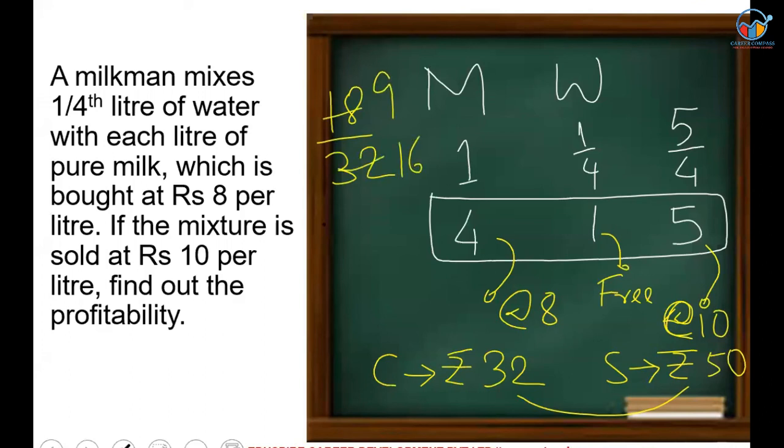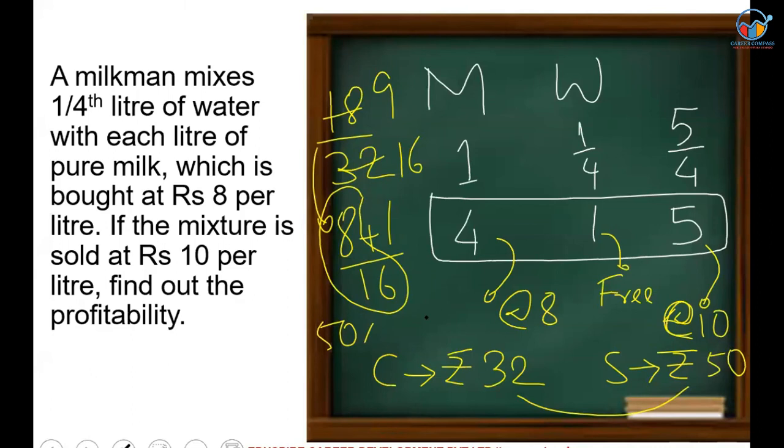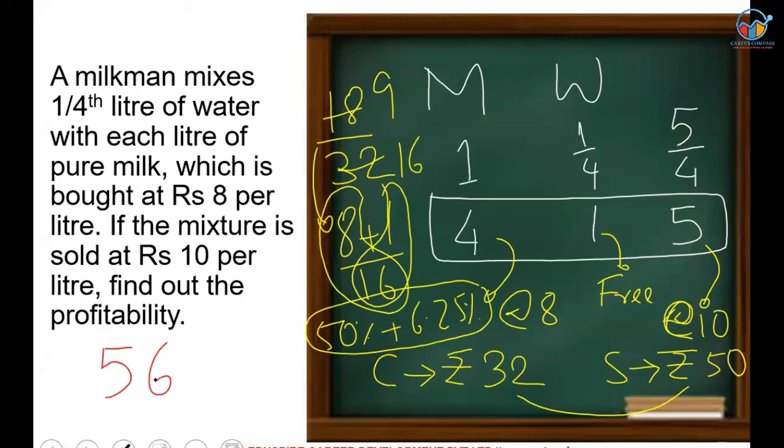So you can always express this as 8 plus 1 by 16. You see 8 by 16 is half, which is 50%. 1 by 16 is 6.25%. So if you add these two, you will get your answer as 56.25%.